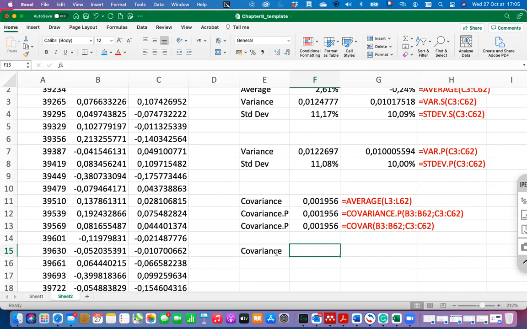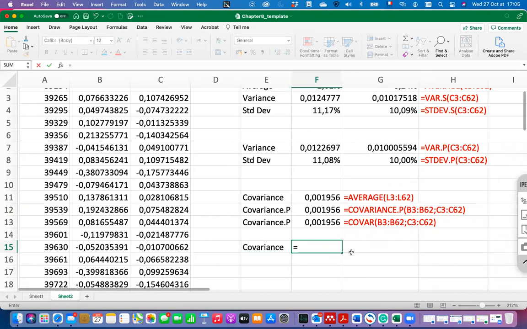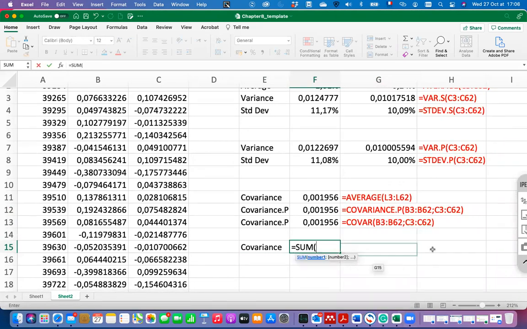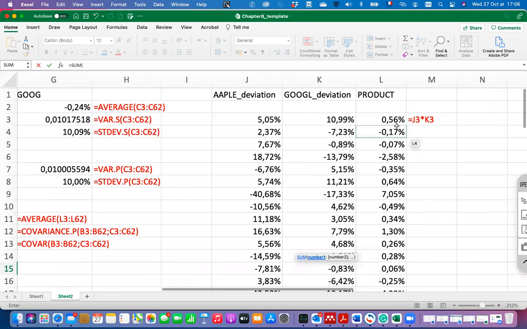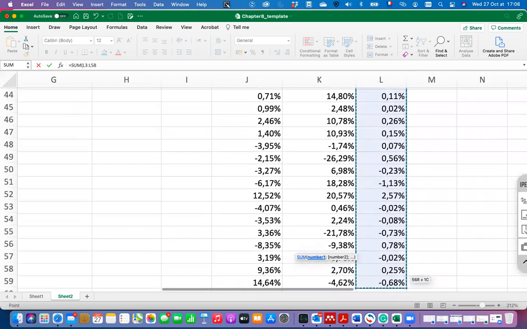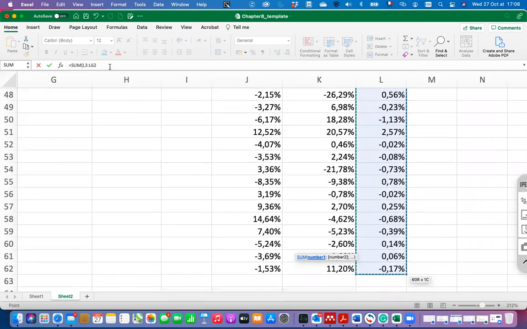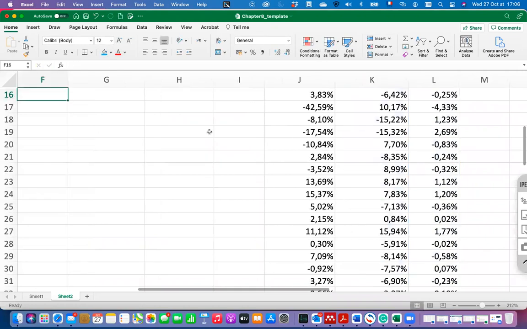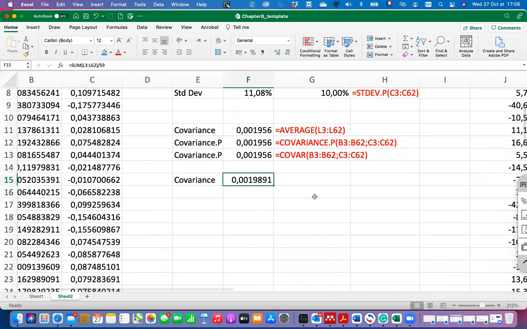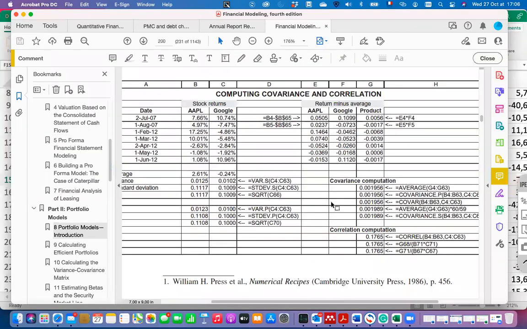So instead of using the average, you have to sum up all these elements here in the product column, and then divide the sum by not 60 observations, because you have 59, right? So 59. So 0.0019891. See, same thing. This is for sample.